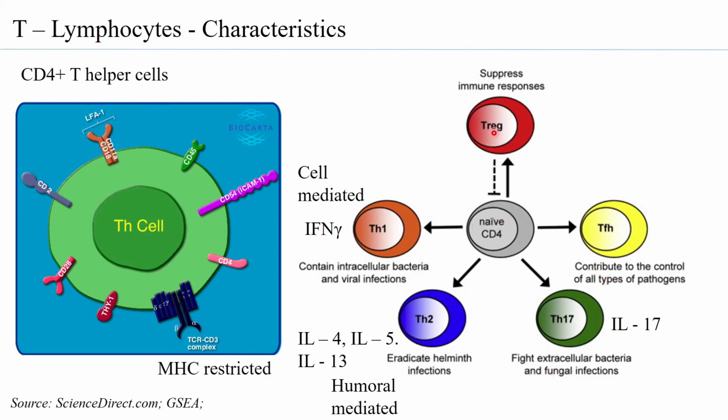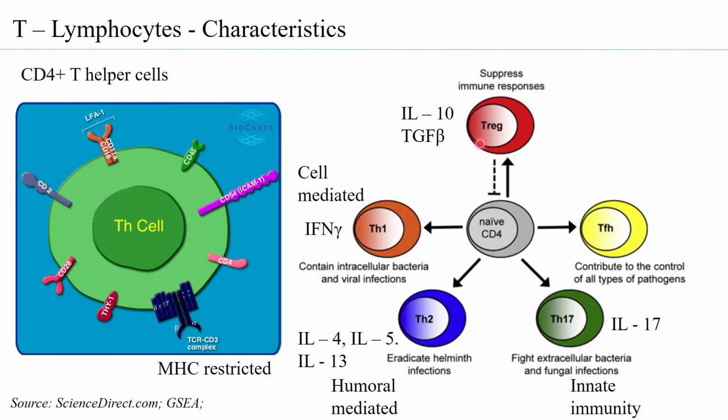The other subset that naive cells get differentiated into is what is called the T regulatory helper cells. And these T regulatory helper cells are associated with IL-10 and TGF beta, that is transforming growth factor beta. These are cytokines produced, and these seem to have a role in suppressing immune responses.